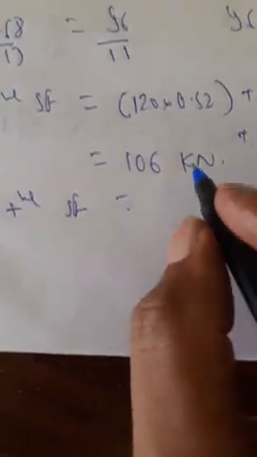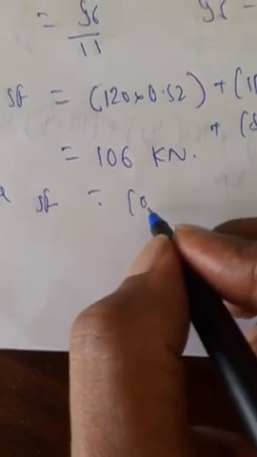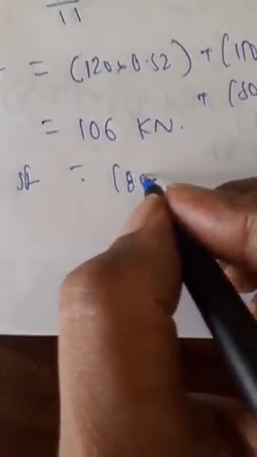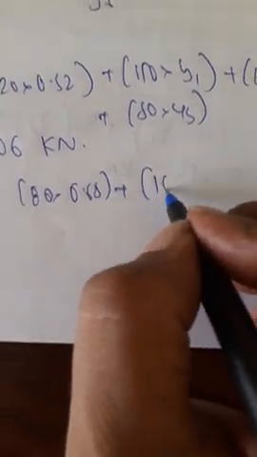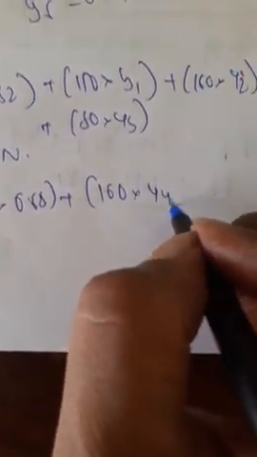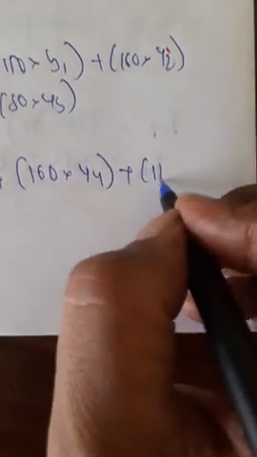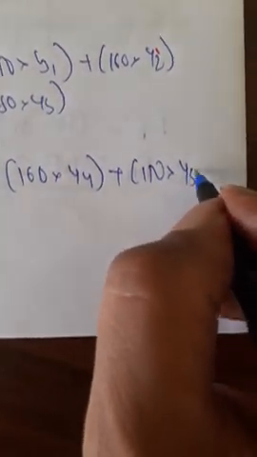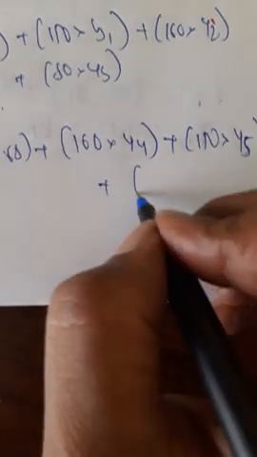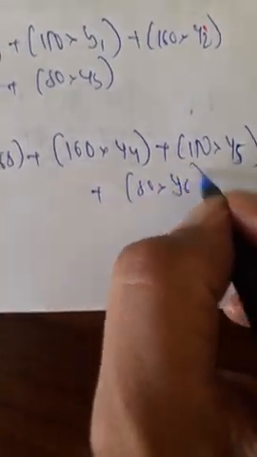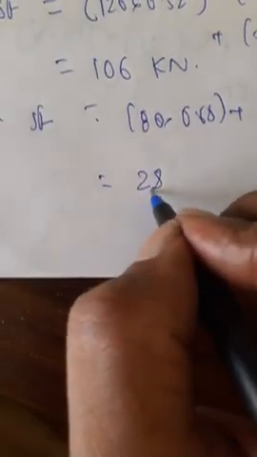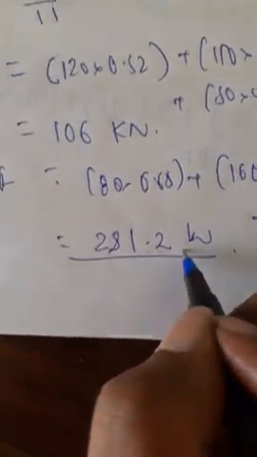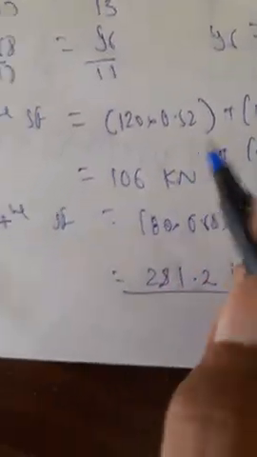So maximum positive shear force is equal to 80 into 0.68 plus 160 into y4 plus 150 into y5 plus 80 into y6. Solving this, you have the answer 281.2 kilonewtons. So 281.2, 106.